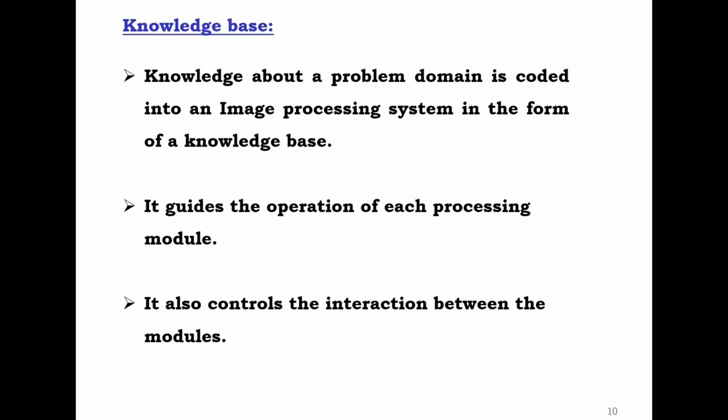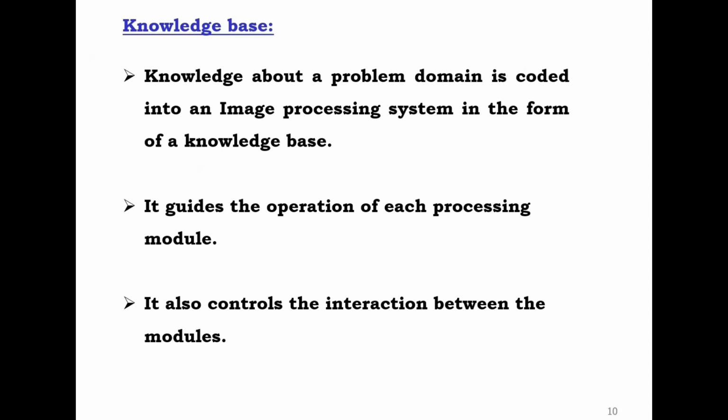The last one is the knowledge base. In the above diagram you might have seen the knowledge base, which is the center box. Generally the entire knowledge about the problem domain you are going to deal with is coded into the image processing system in the form of a knowledge base.